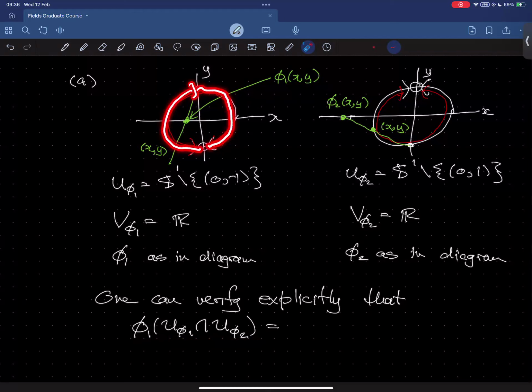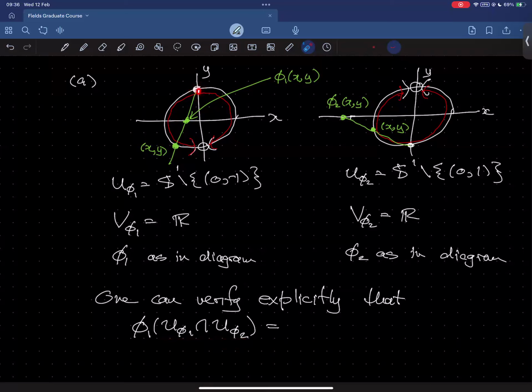I'm going to take the image of these two disconnected segments under phi1. It's going to be everything except the image of this point, because this point is not in U phi1 intersect U phi2.